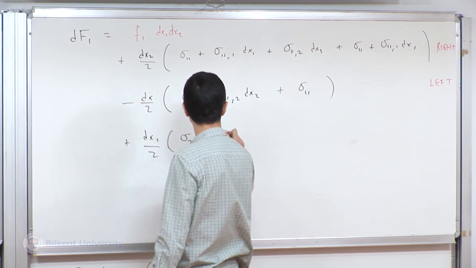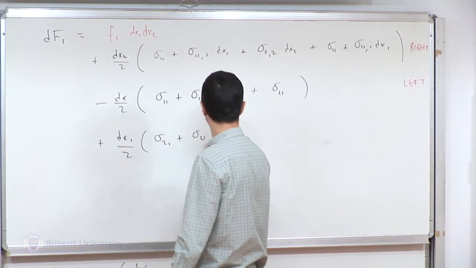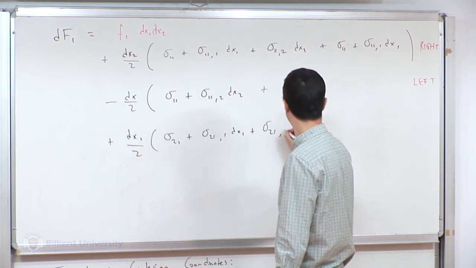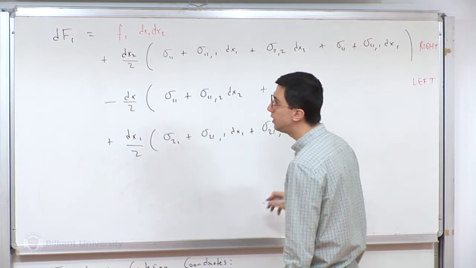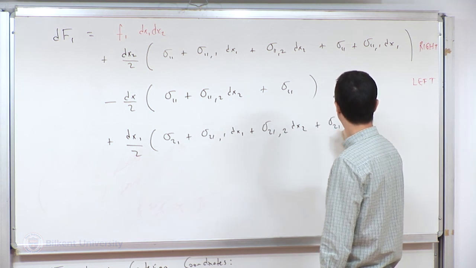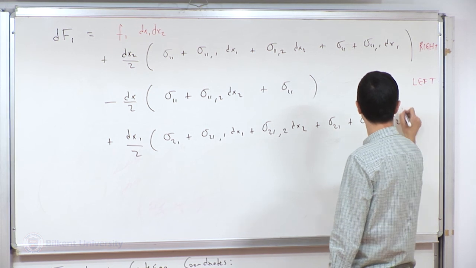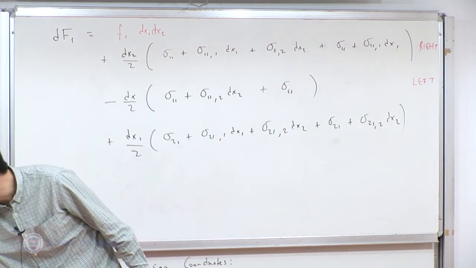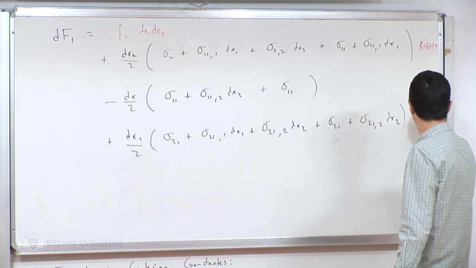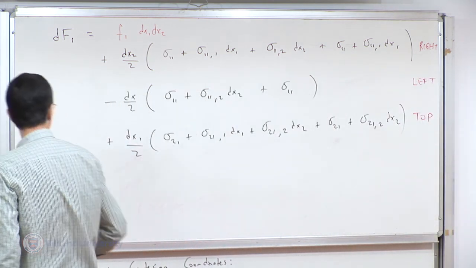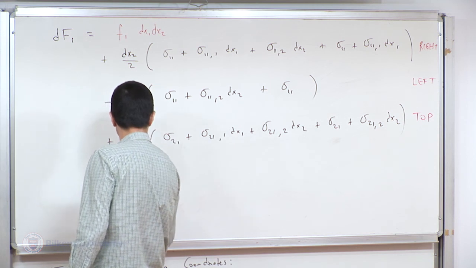Sigma 2,1 plus sigma 2,1, comma 1, dx1 plus sigma 2,1, comma 2, dx2. And on the left, it's sigma 2,1 plus sigma 2,1, comma 2, dx2. So that's the top surface. And minus the bottom surface.